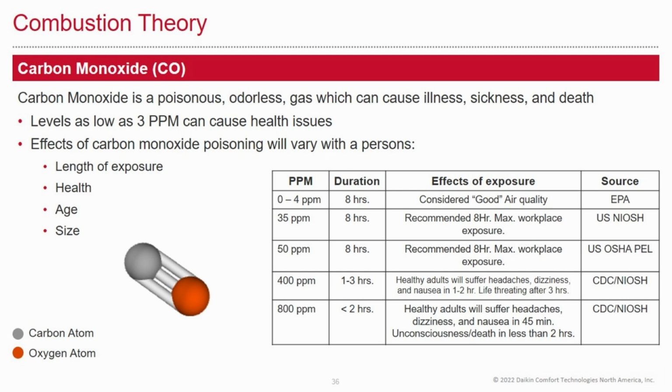Healthy adults will suffer headaches, dizziness, and nausea in 45 minutes, unconsciousness or death in less than 2 hours, according to the CDC and NIOSH. 3,000 parts per million, less than 30 minutes exposure, can cause death in less than 30 minutes, according to the CDC and NIOSH.